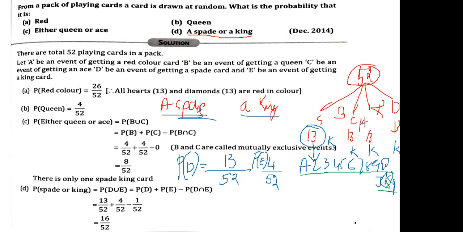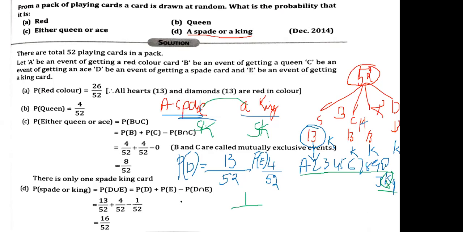So there is one king card which is common to the spade cards as well as the king cards. Which is that card? The king of spades is common in both of them. So there is one card which is common.